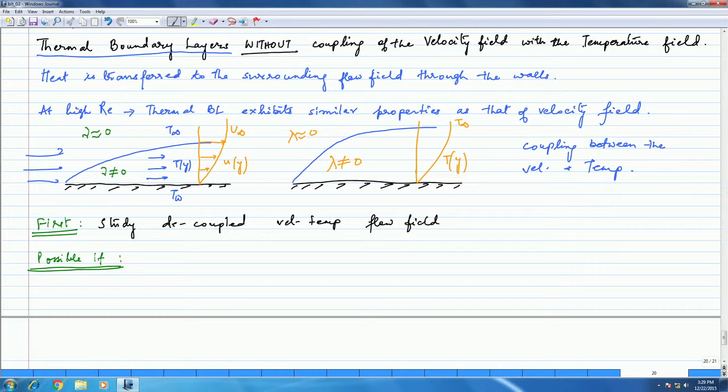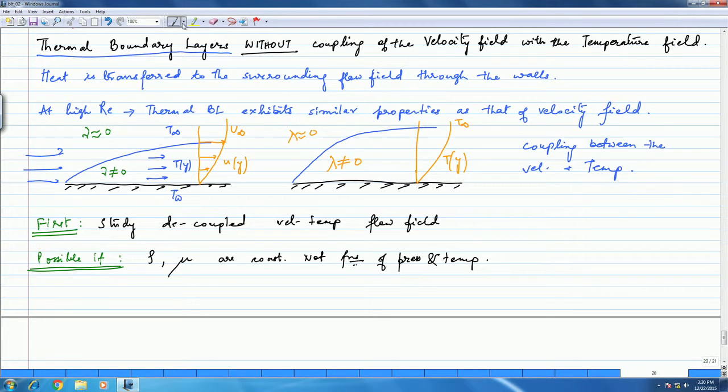So, if we're going to say that we study the decoupled velocity flow field, then this is possible only if we consider that the density rho and viscosity mu are constant, and they are not functions of pressure and temperature.